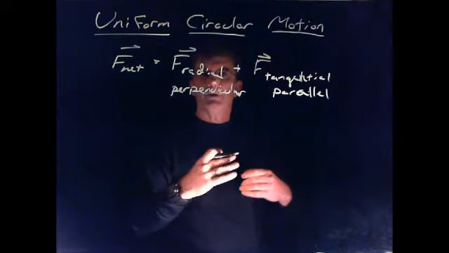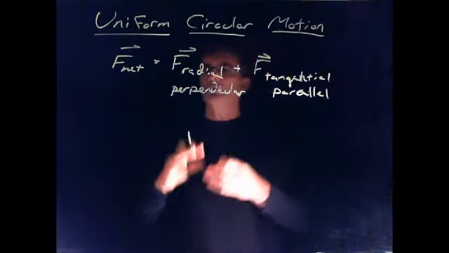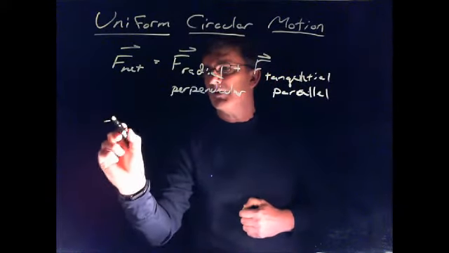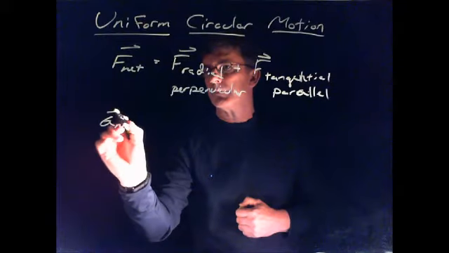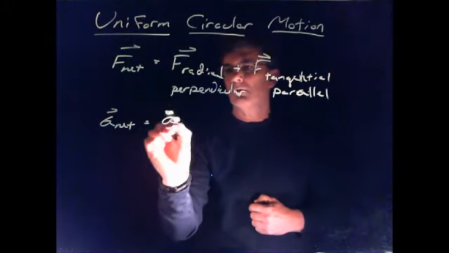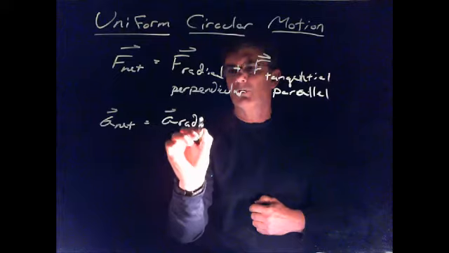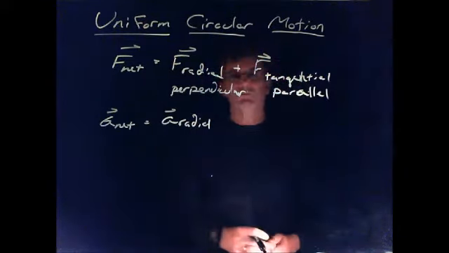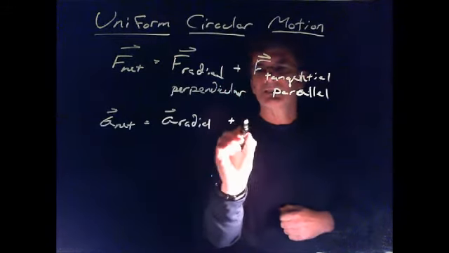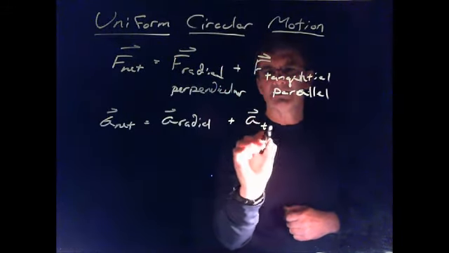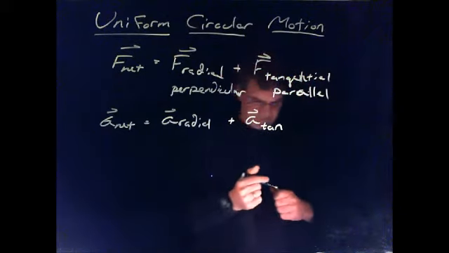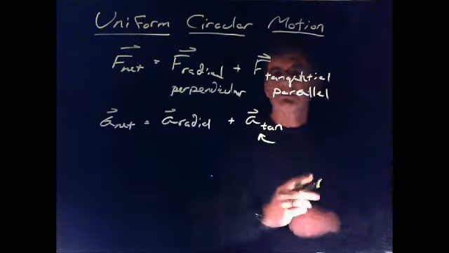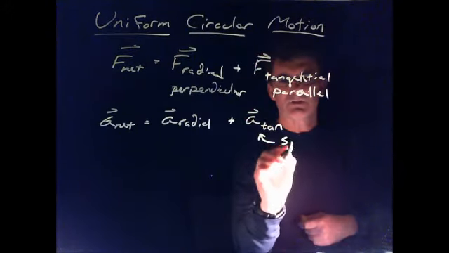So we can extend this to acceleration as well. Our net acceleration is radial acceleration, which is what we call centripetal acceleration, which is a result of a centripetal force, plus a tangential acceleration, which I'm just going to write as a-tan, which either speeds up or slows down.